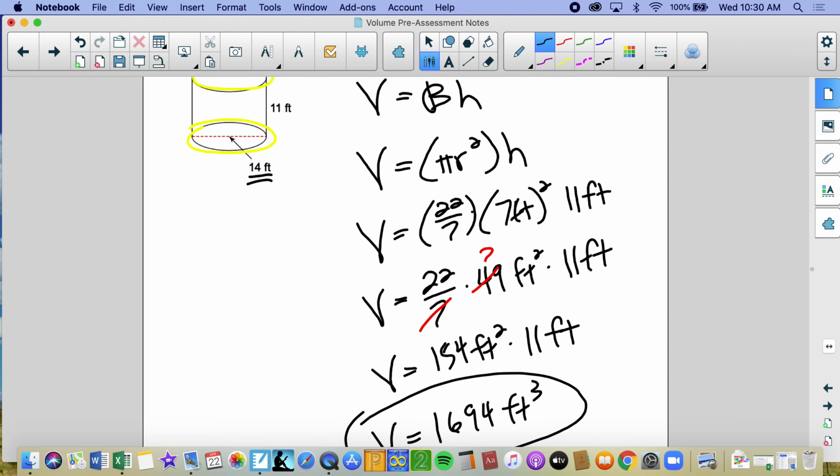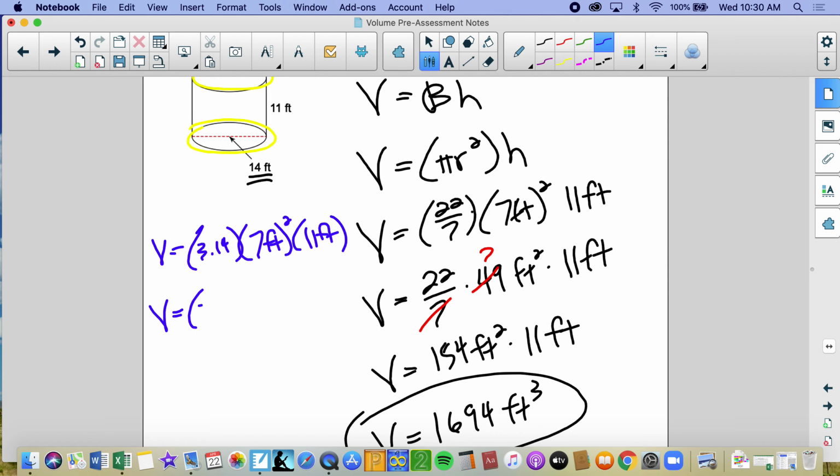What if I use 3.14 for pi? I would still do pi r squared. Let's do 3.14 times 7 feet quantity squared times 11 feet.